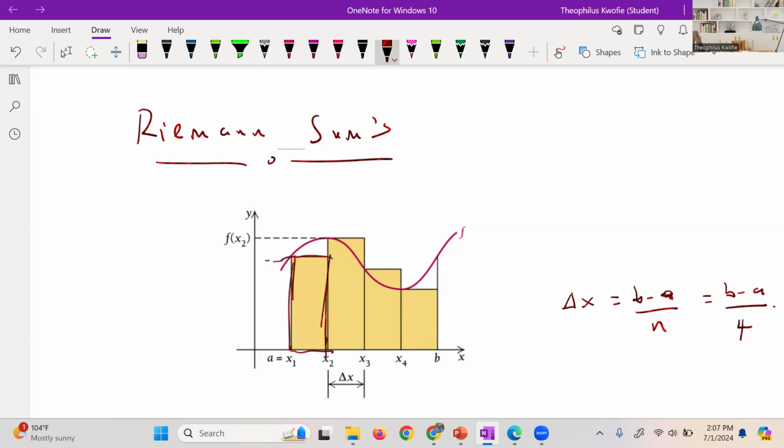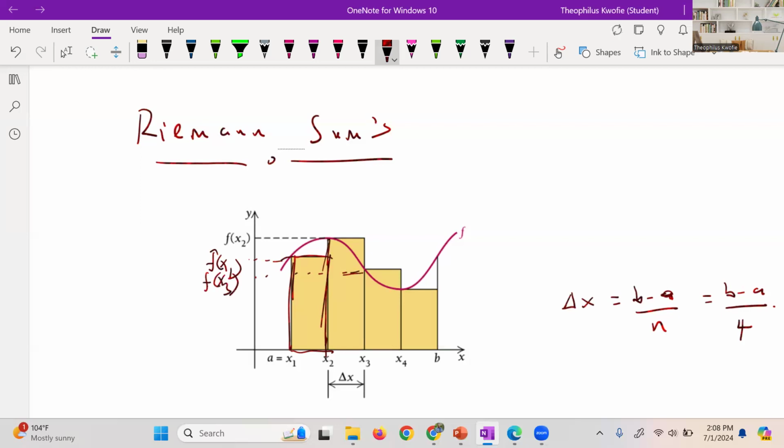The height of this rectangle is going to be f of x1, and then the height of the second rectangle is going to be f of x2, and then the height of this rectangle, when you trace it here, is going to be f of x3, and so on and so forth.